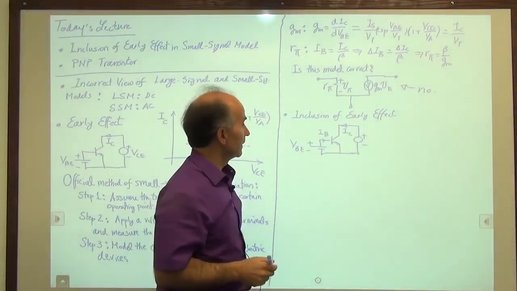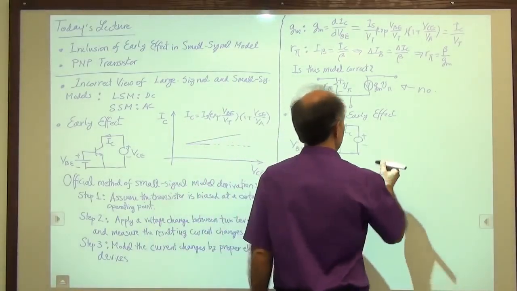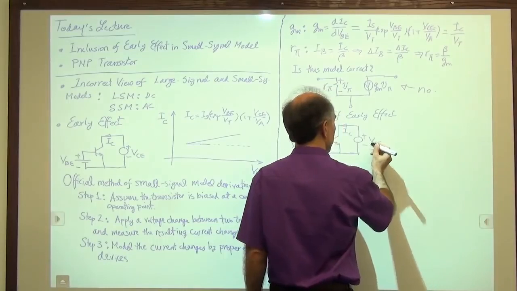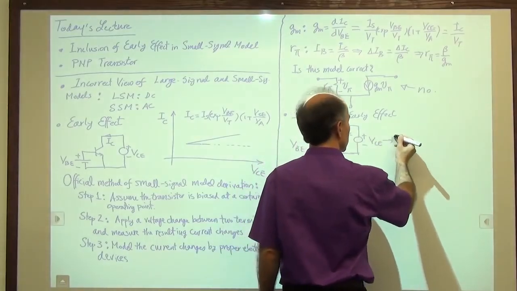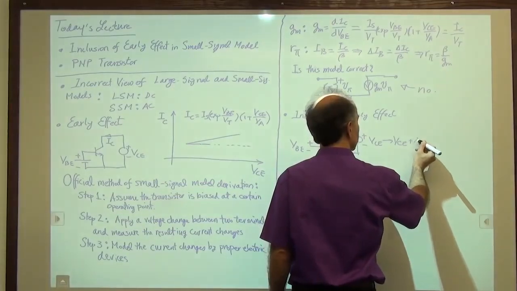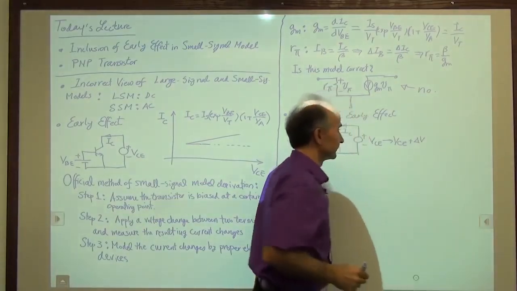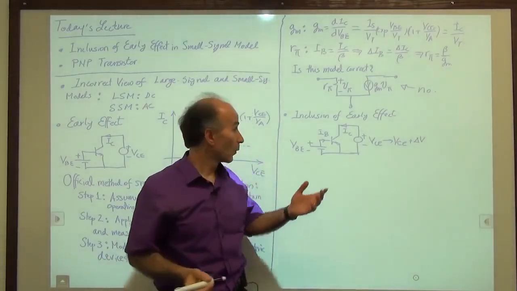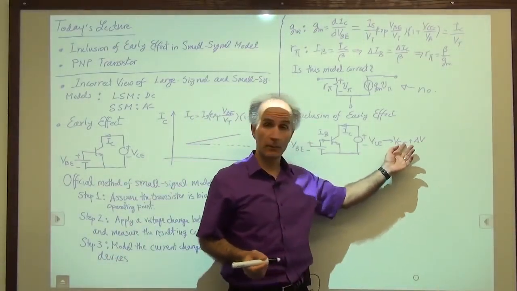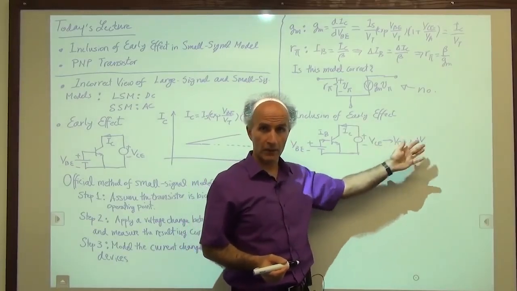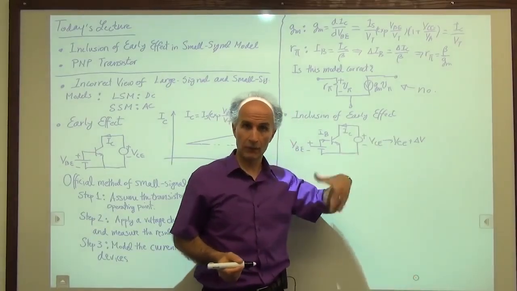Okay, well, let's suppose that the collector emitter voltage makes this change. It starts from VCE and it goes to VCE plus delta V, a small change. So what we are asking is, when this voltage changes by some small amount, it starts from a bias value, let's say 1 volt, and changes by a small amount, let's say 10 millivolts, 5 millivolts.